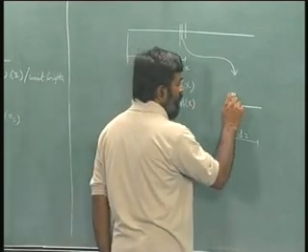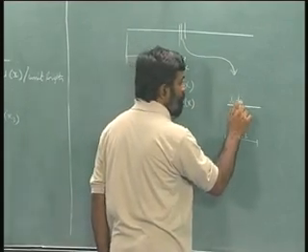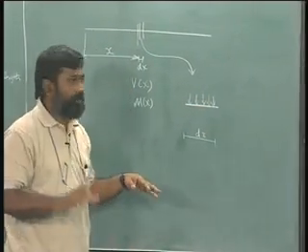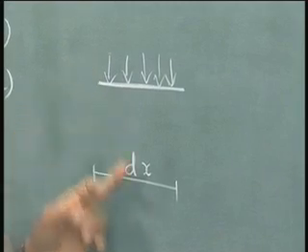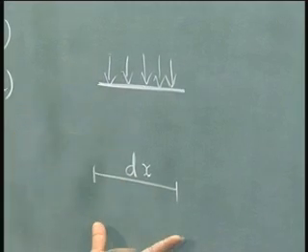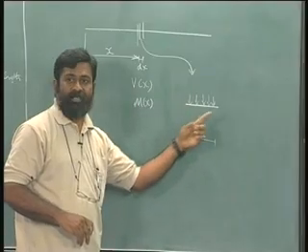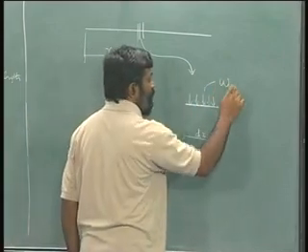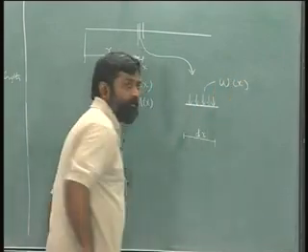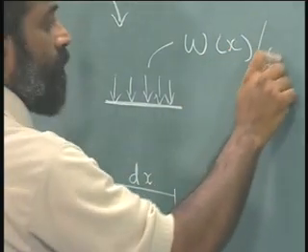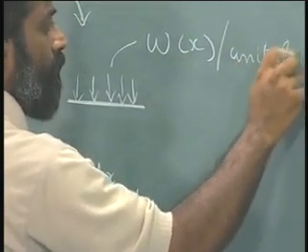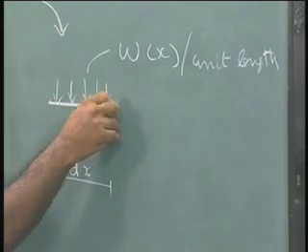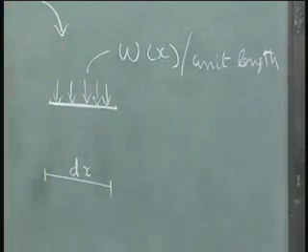There will be a load acting on this, with no loss of generality, within the small length dx, the variation can be neglected and we have W at x, per unit length. This is the external force that is acting transverse in direction.